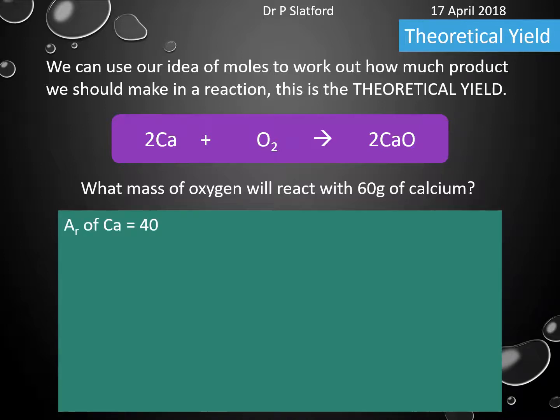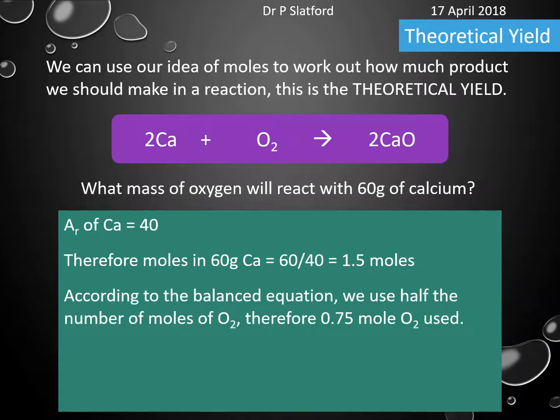Well, let's go through this. The relative atomic mass of calcium is 40, and therefore 60 grams of calcium is 60 divided by 40, which is 1.5 moles. But according to the balanced symbol equation, I use half the number of moles of O2, notice O2, and therefore I use 0.75 moles of O2.